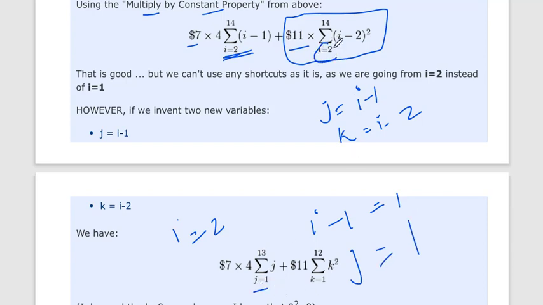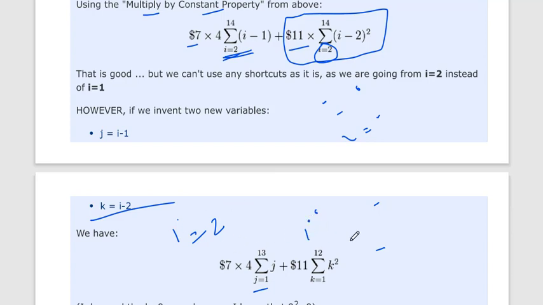For the second term, i is equal to 2 and we have to use k is equal to i minus 2. So if i is 2, then i minus 2 is equal to 0, so k is equal to 0.